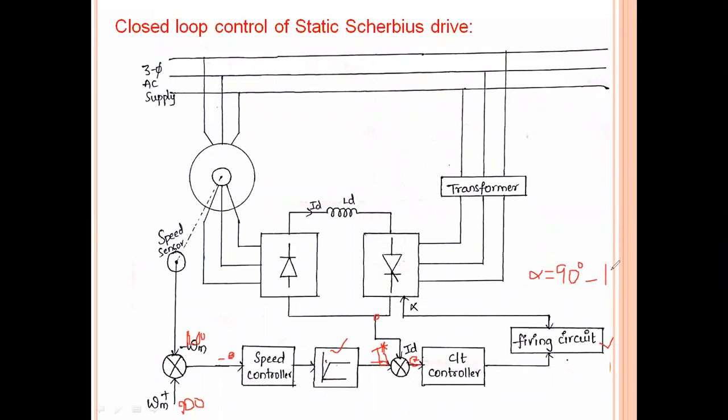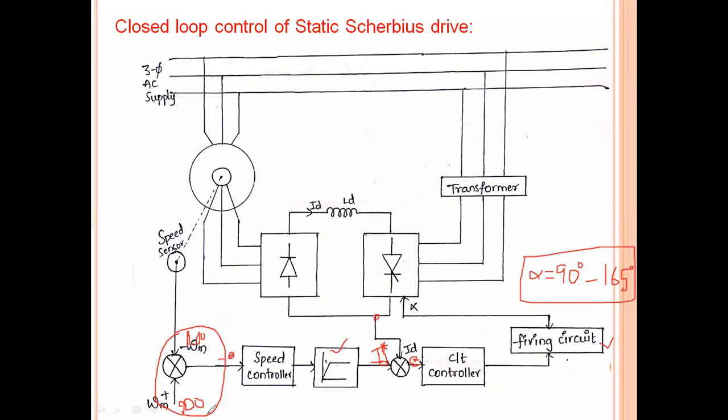So we can operate the alpha value from 90 to 180 degrees, but for safe commutation issues, we are restricting the alpha value to 165 degrees only. So this is the operating range of the alpha value. This range of alpha can be modulated based on the speed error, whether it is a negative speed error or a positive speed error.